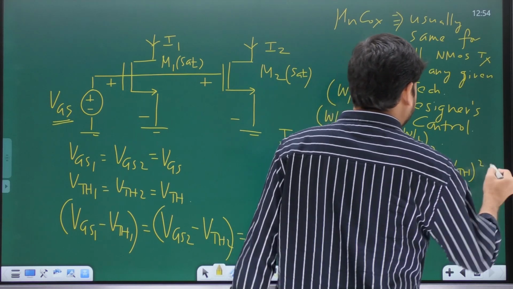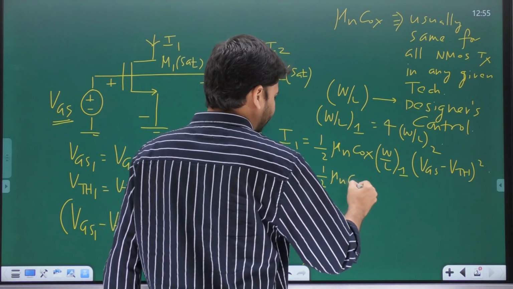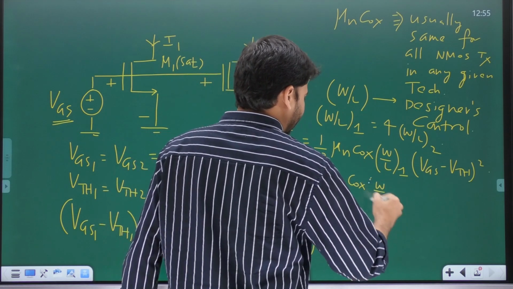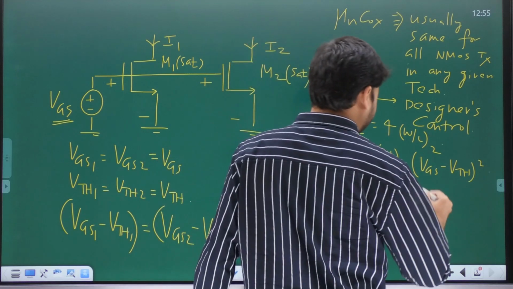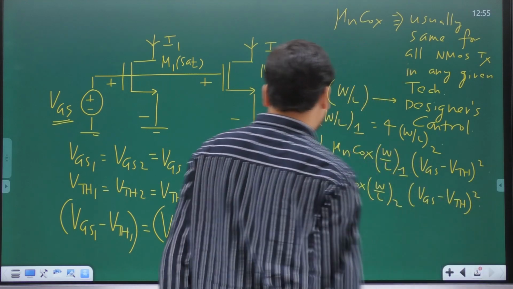And similarly, I2 is half mu n Cox W by L2 times VGS minus VTH whole square.